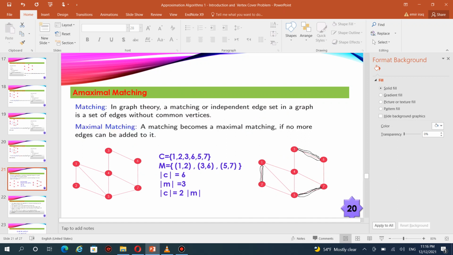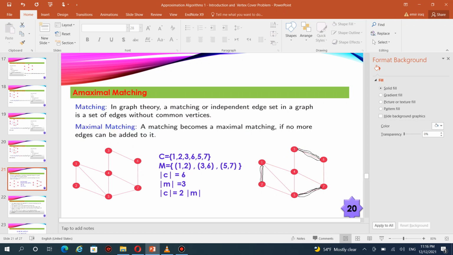So C, our solution from the approximation algorithm, is 1, 2, 3, 4, 5, 6, and the matching is 1, 2, 3, 6, 5, 7. So the size of C equals 6, and the size of M equals 3.